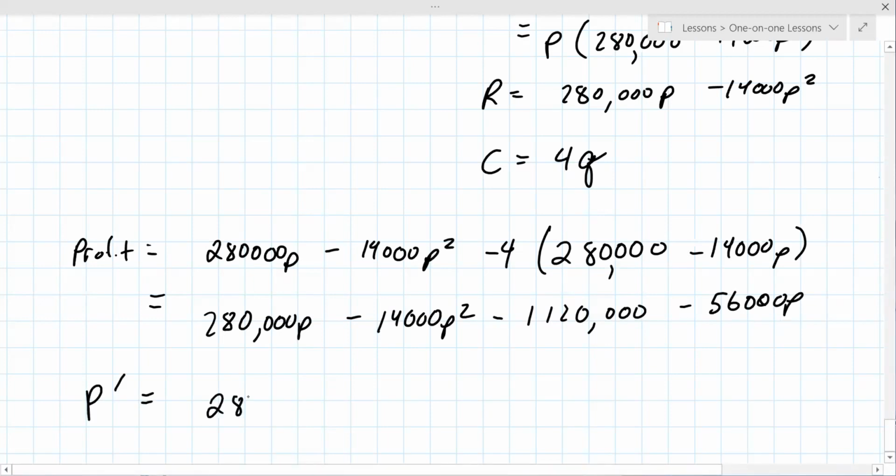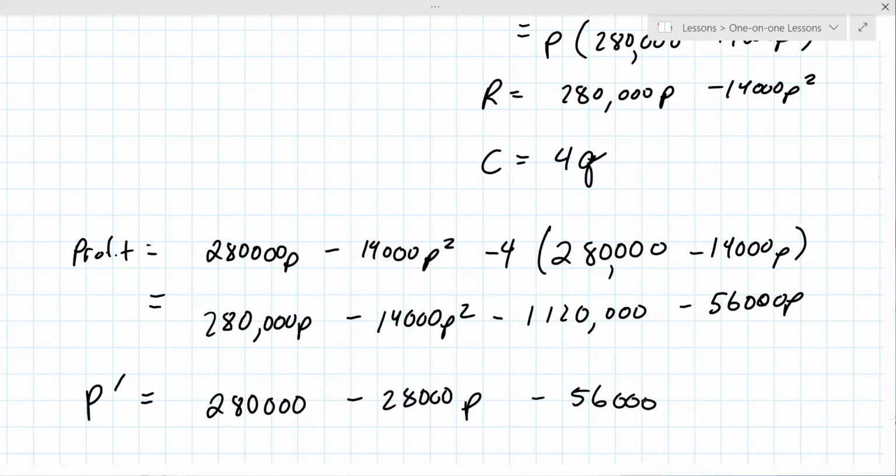A lot of it is the same: 280,000 minus 28,000 P plus 56,000. And this will give you something that works when you set it equal to 0.